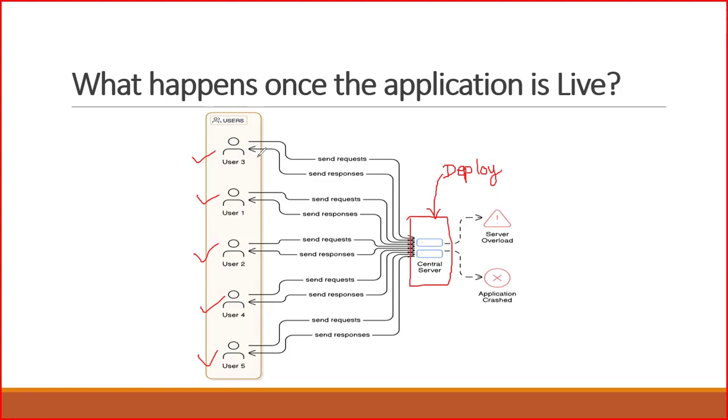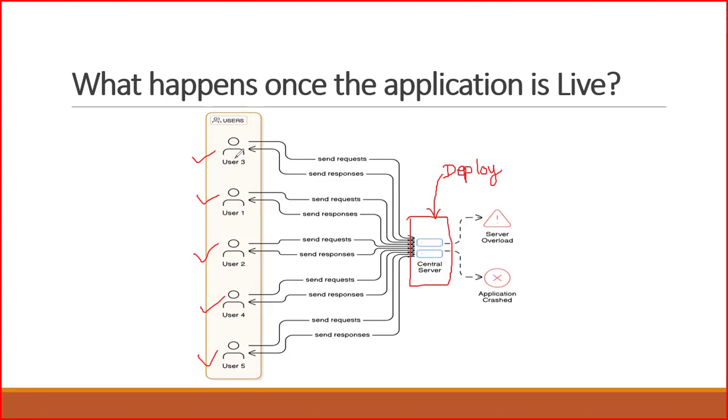Here multiple users access the application on the central server, and they send requests to the server in parallel. The server understands and processes all those requests, and finally sends the response back to the users.